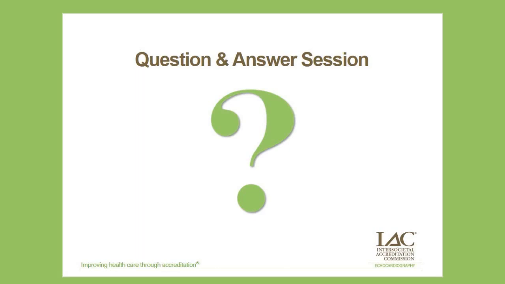Okay, we have two questions that are rather similar, so I thought I'll ask them together. After you get a change in GLS, do you have to repeat it to confirm it? And if yes, how long after the prior assessment? And also, how often do you do a follow-up echo after chemotherapy if the numbers are reassuring?